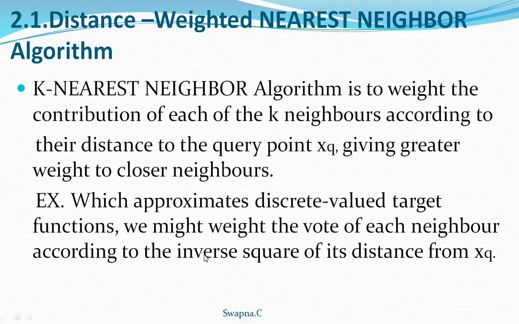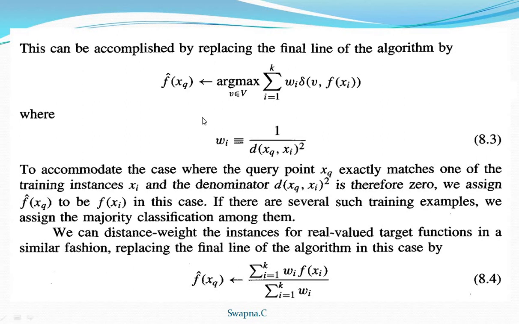For example, to approximate a discrete valued target function, we might weight the vote of each neighbor according to the inverse square of its distance. If you want to assign the weights, the formula we use is Wi equal to 1 by d of xq comma xi, squared, that is the inverse of the squared distance between the new query point and that training example.